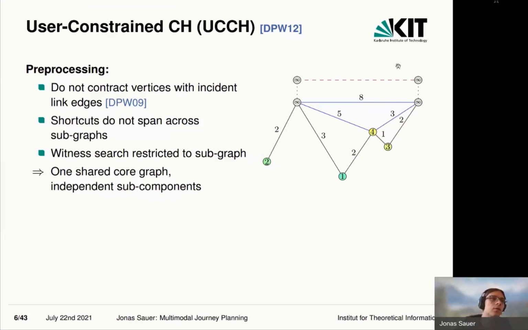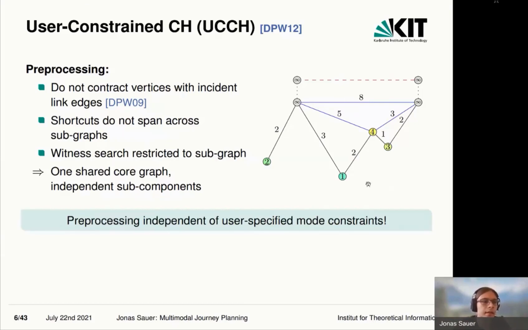Because we don't contract vertices that cross subnetwork boundaries, we don't get shortcuts that span multiple modes. We also restrict the witness search during the contraction to each subnetwork. So what we end up with is one shared core graph for all modes, and then independent subcomponents where we can do CH searches for each mode.